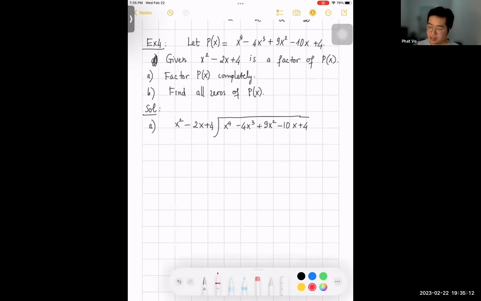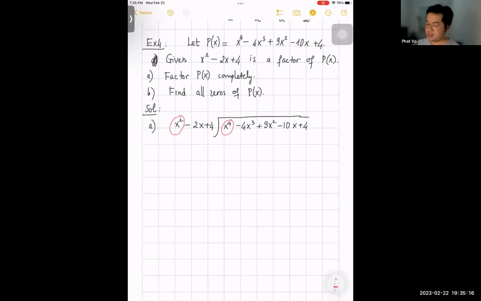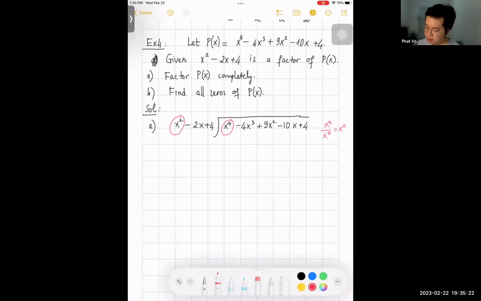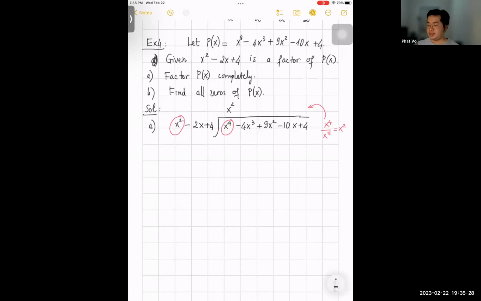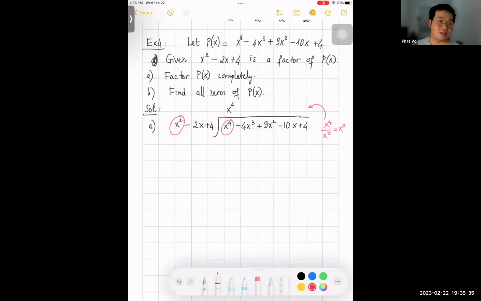So now we have the leading term here is x^4, and the leading term here is x^2. And x^4 divided by x^2 is x^2, right? So we put x^2 here in this line. Now we need to multiply x^2 by the divisor, right?